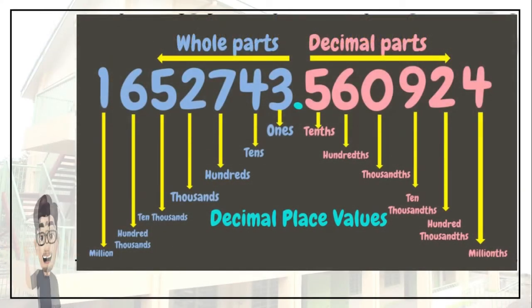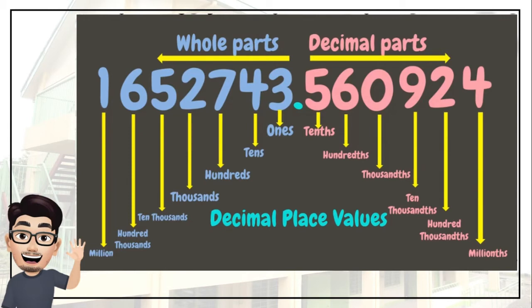So please remember the decimal places of the decimal part, okay? So here it is, simula sa tenths, hundredths, thousandths. So, paglayo ng decimal place sa decimal point, pagliit ng kanyang value. Unlike sa whole parts, pinakamaliit na place value is the ones.